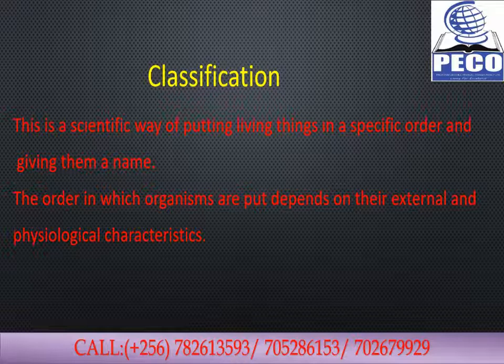Where are they different? Then you put them in a name. This is one of the oldest branches of biology, but very important to those who do medicine, to those that are going to treat people and other animals. You need this branch of science to really get the basis of biology.